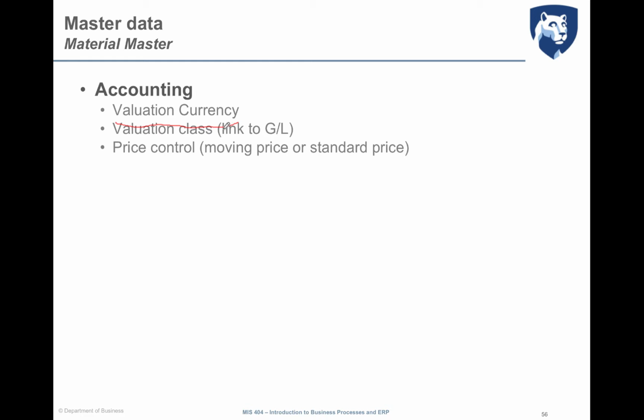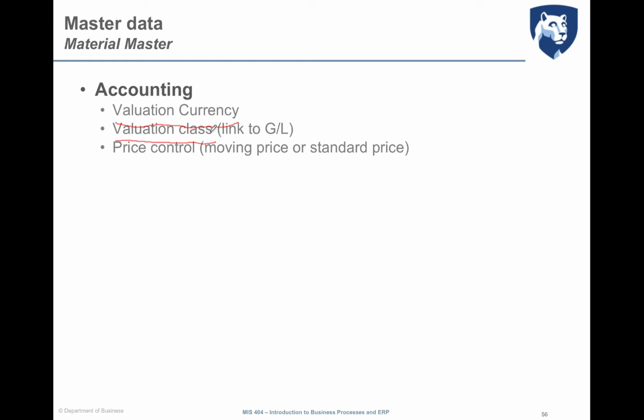The valuation class instead identifies the general ledger accounts associated with the material. So, general ledger accounts are used to maintain the value of the inventory in stock and are updated as materials are purchased, sold, or used in production.